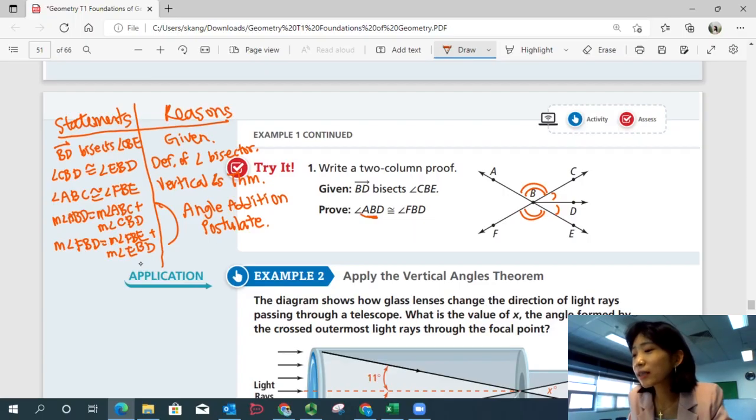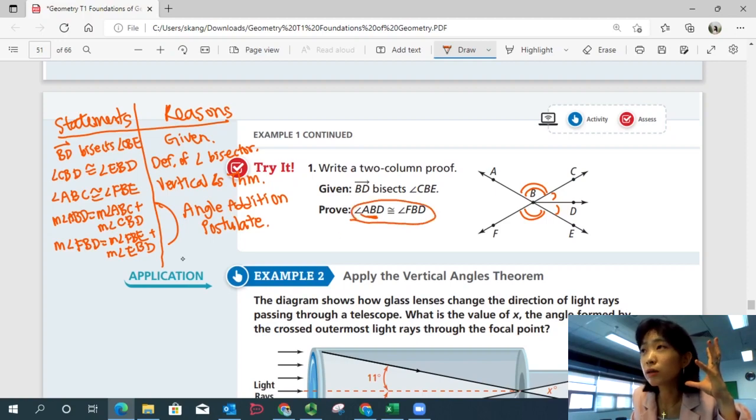All right, the next step. Now we know that, looking at this, how can we combine these together? Because remember that we're trying to prove that these two angles are the same, right? So because they're equal to each other, and we know that angles ABC and FBE are congruent, we can substitute either one of them, right?